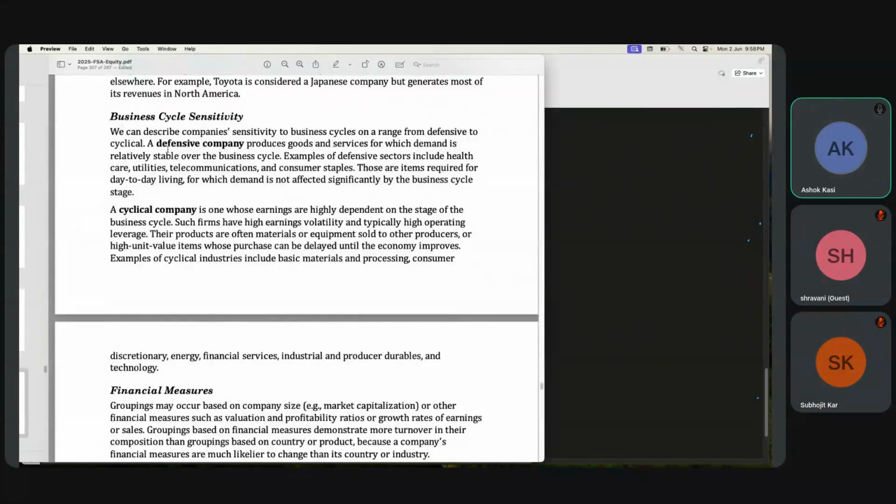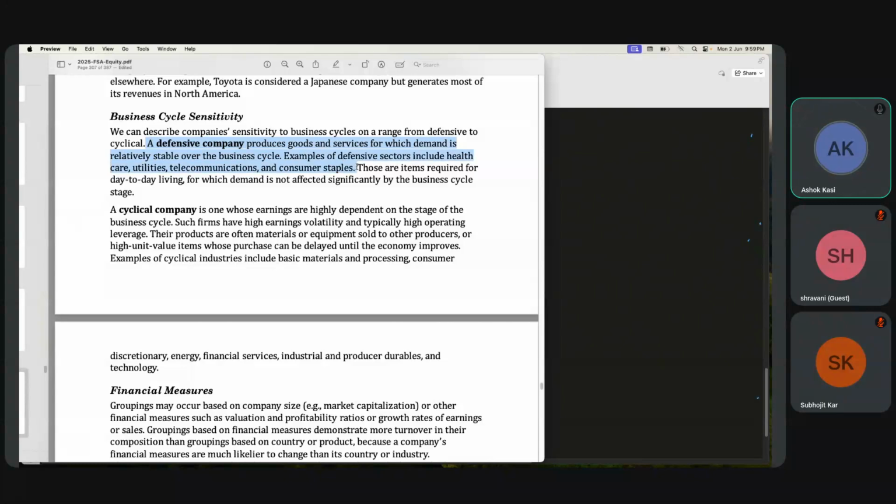A defensive company means what? Defensive companies produce goods and services for which demand is relatively stable over the business cycle. That means no matter what, demand for such companies will not get affected because of war or anything like that. Examples include health, utilities, telecommunications, consumer staples.